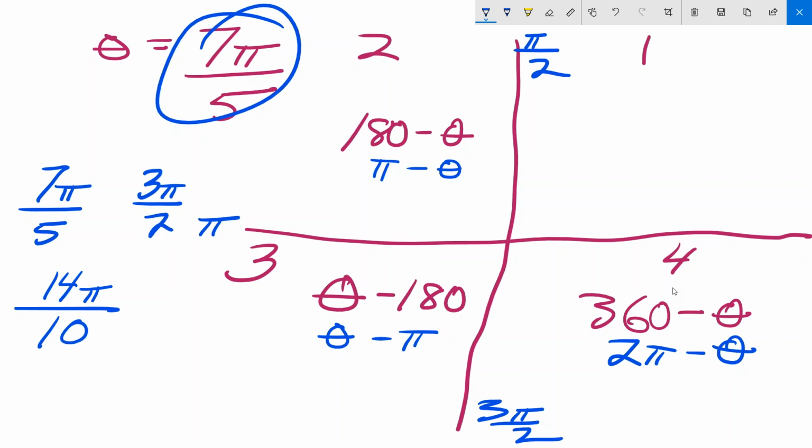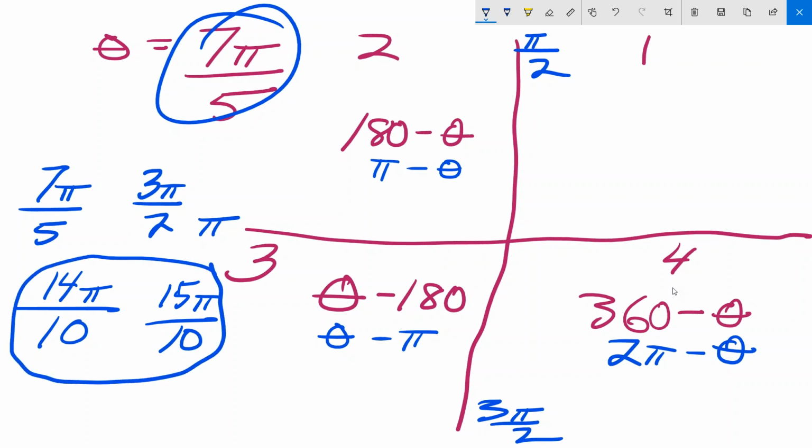What do you get? 15 pi over 10. Now, it's easy to compare now. Which one's bigger? Three pi over 2 is bigger, because I've got the same denominator, and now all I have to do is compare the numerators. So that's in the third quadrant.